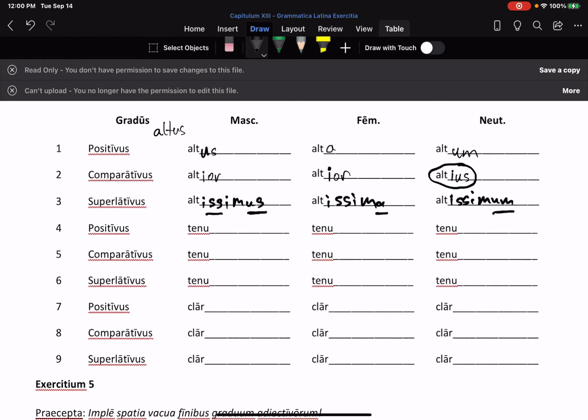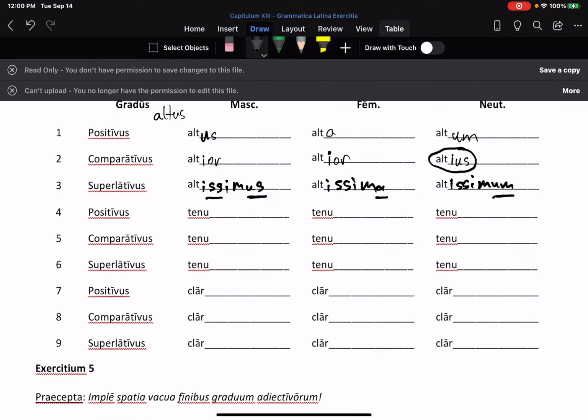Right now we have the adjective tenuis, right? Tenuis means skinny. So the regular form, tenuis. And if you remember for the neuter, I believe it's tenue, if I'm not mistaken.